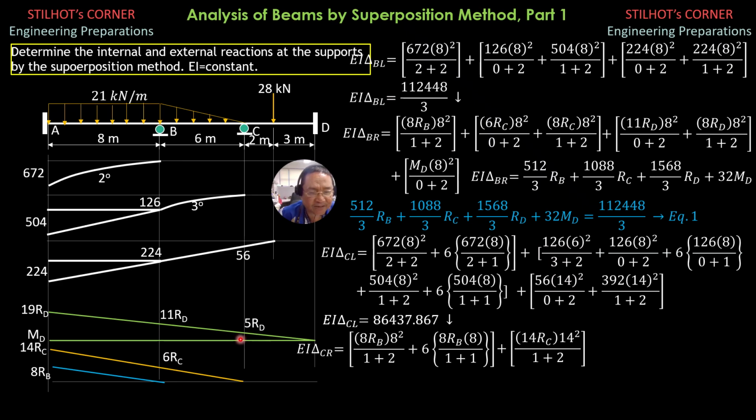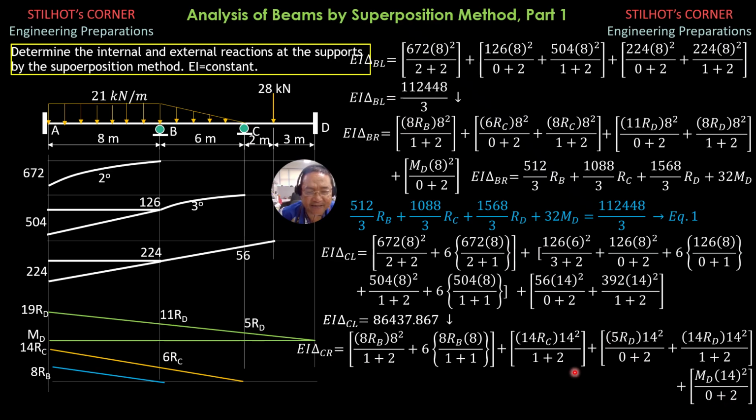So plus 5RD, 14 squared over 0 plus 2 for the couple. Then plus 19 minus 5 again is 14RD. This triangular moment diagram by parts. Then 14 squared over first degree plus 2. So that's for RD. Then finally for moment MD, length 14 squared over 0 degree plus 2.